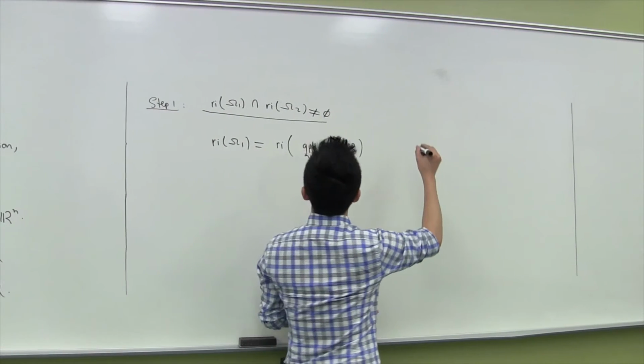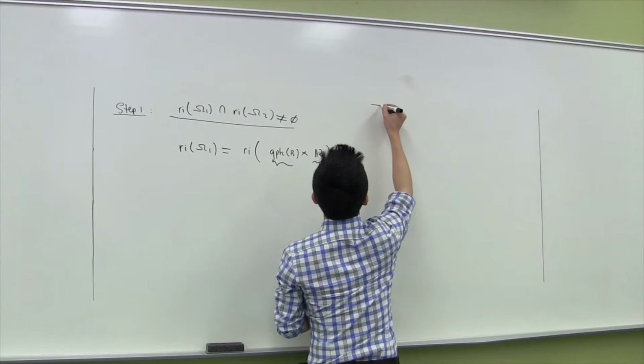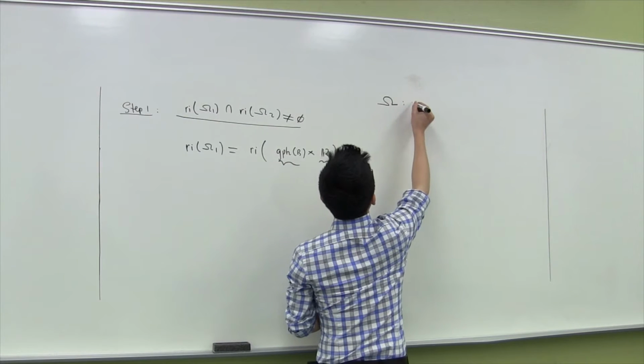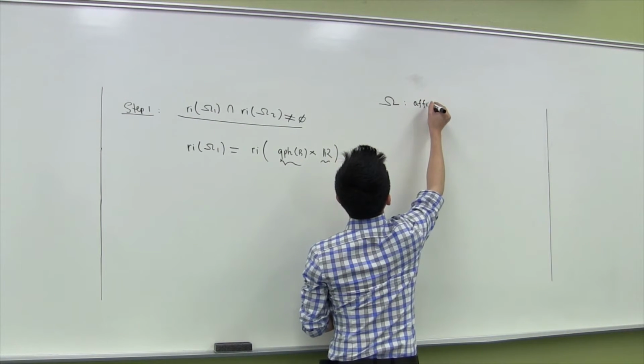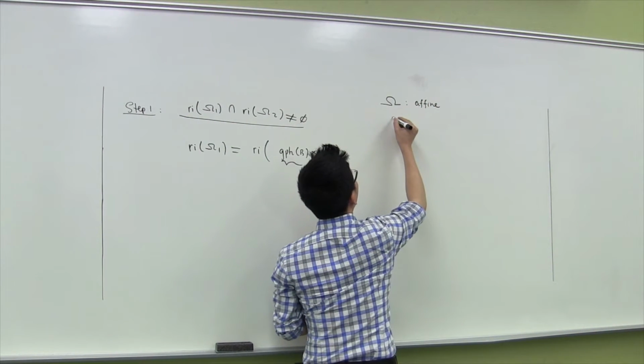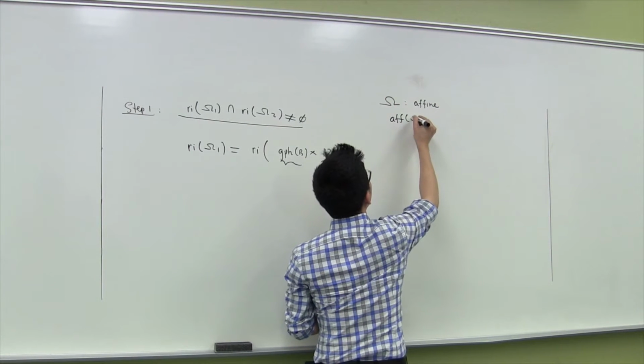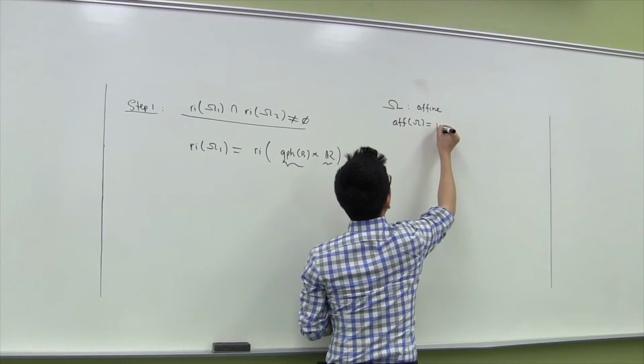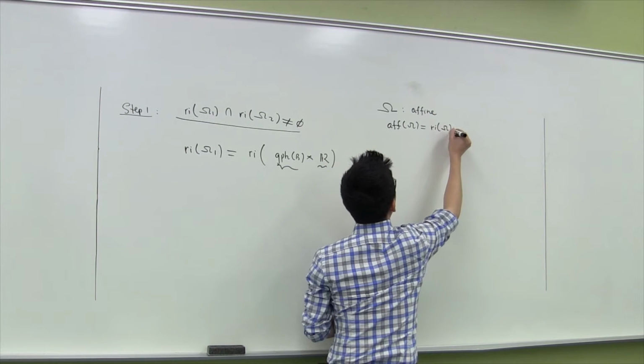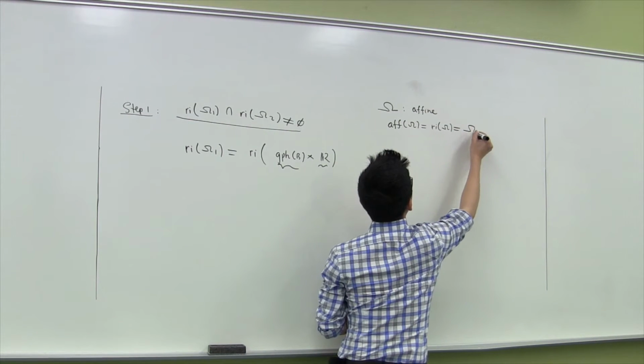Now, if we have an affine set omega, then we have the following. We can see that the affine hull of omega is equal to the relative interior of omega and is equal to the whole set omega.